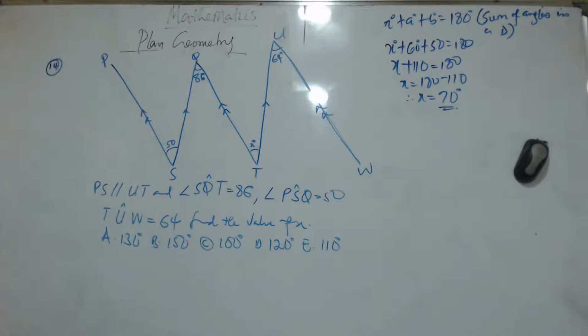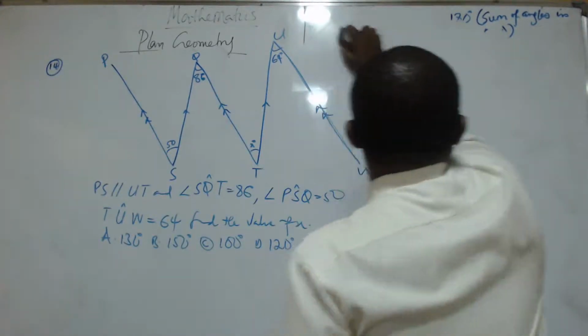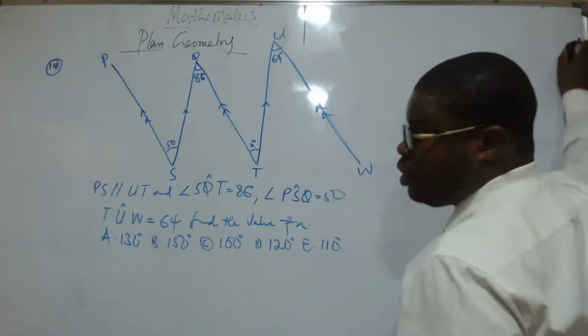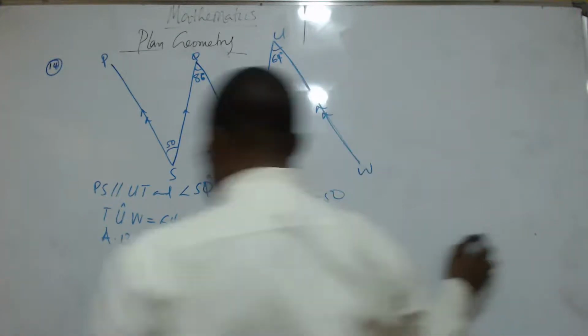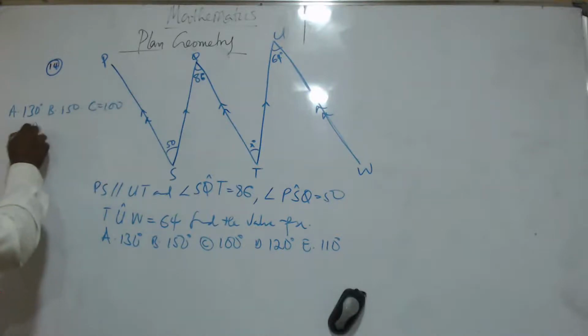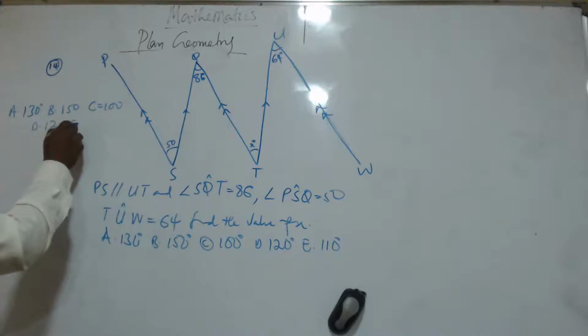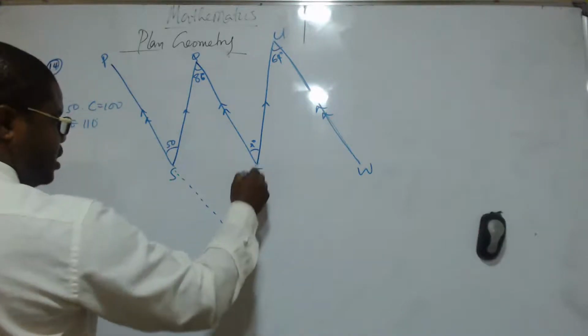How do we solve this? First of all, in solving this particular problem, we need to extend this line. How do I mean? Okay, C is 100, D is 120, and A is 110. Okay, extend this line.